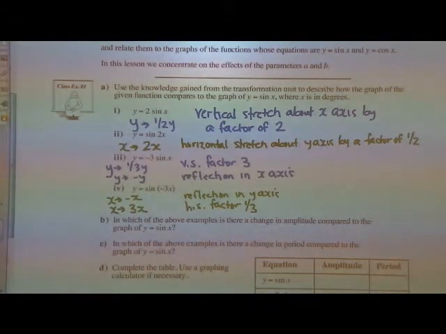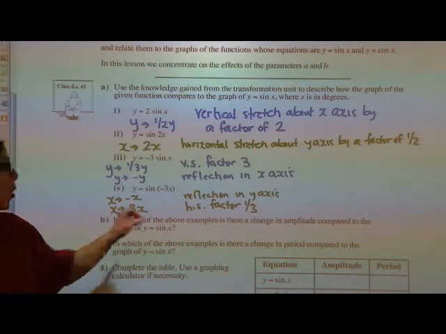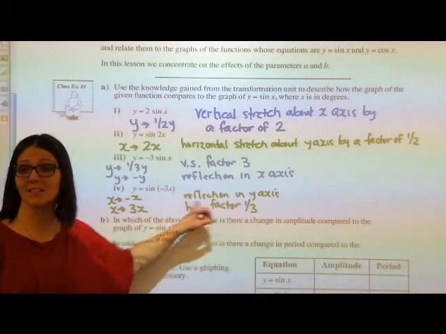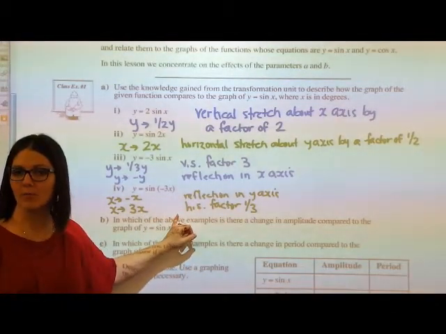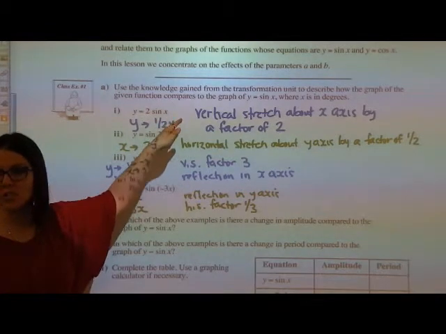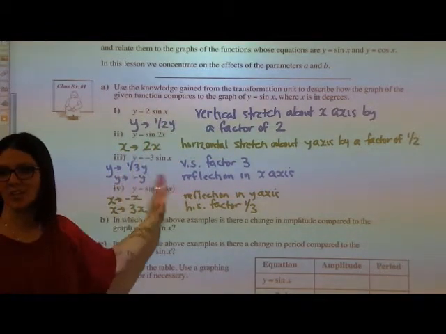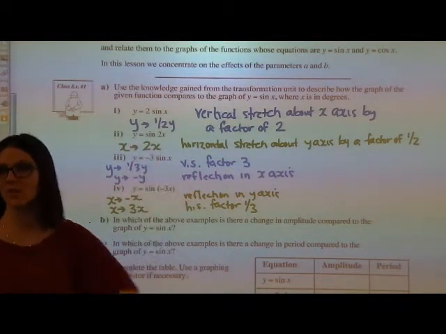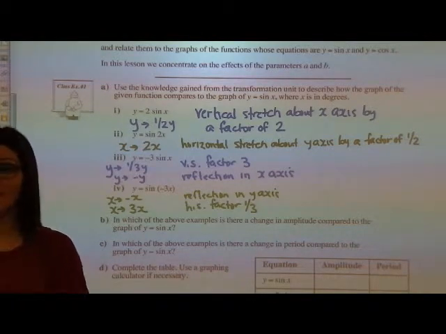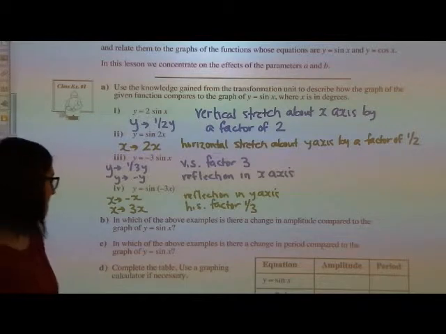Doesn't matter if I do the reflection before or after the stretch. It's only when I translate, and actually it's only if I translate horizontally. If I was translating vertically, I could do the translation first and then the stretch and the reflect. Typically, we save our translations for the end, always, just to make it consistent. Okay?